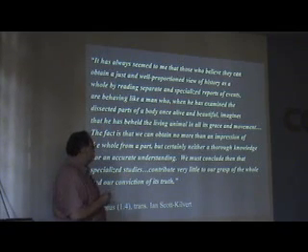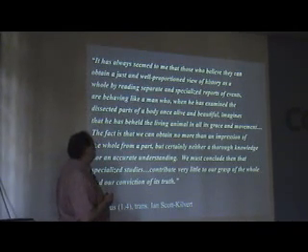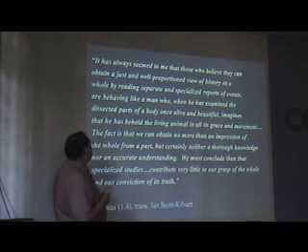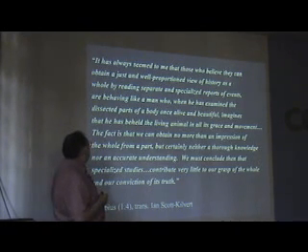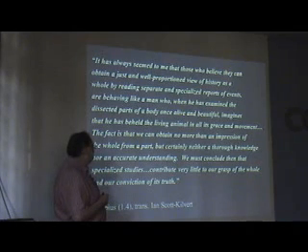And this is his view of how one should look at history. "It has always seemed to me that those who believe they can obtain a just and well-proportioned view of history as a whole by reading separate and specialized reports of events are behaving like a man when he has examined the dissected parts of a body once alive and beautiful, imagines that he has beheld the living animal in all its grace and movement.